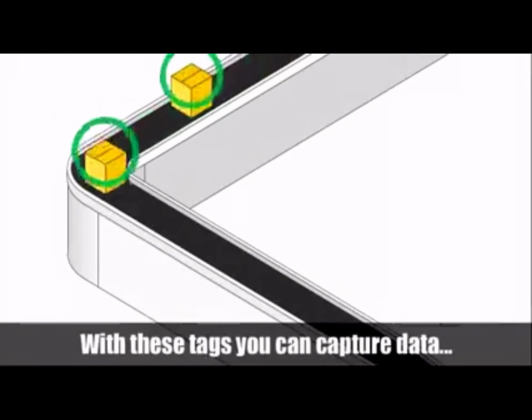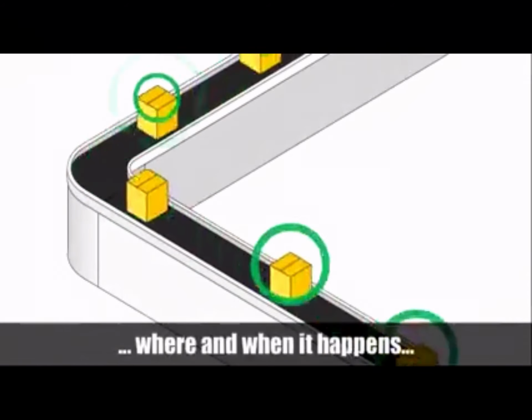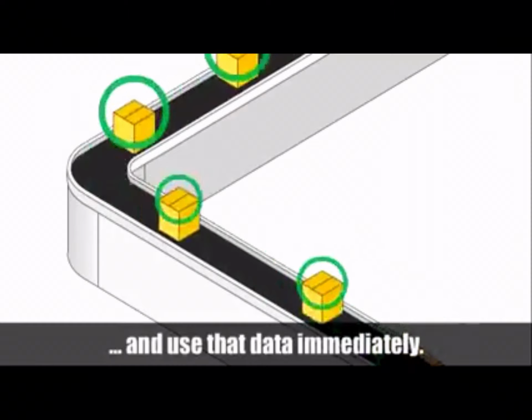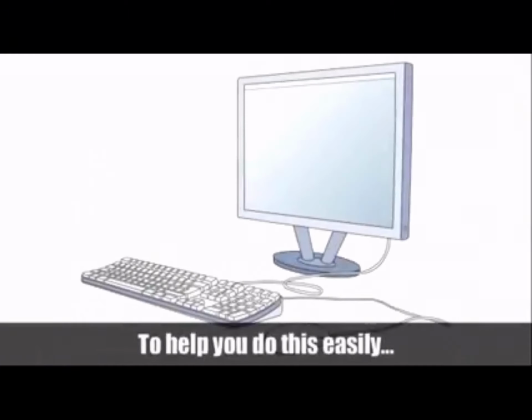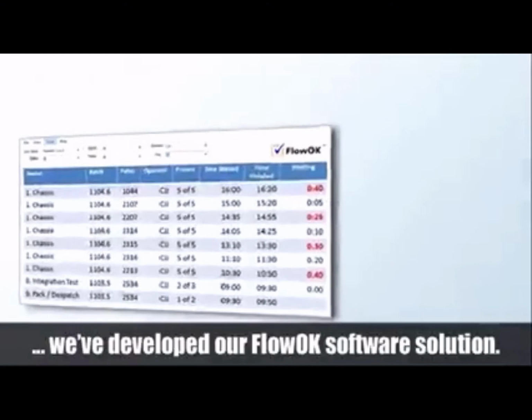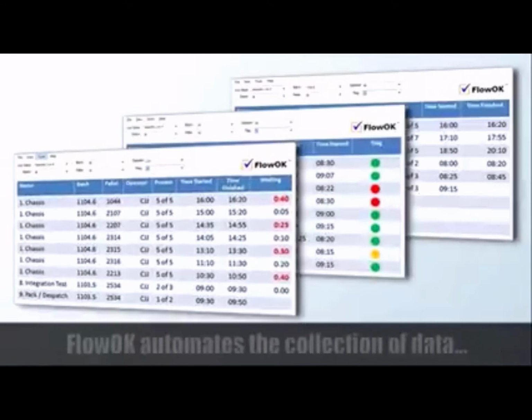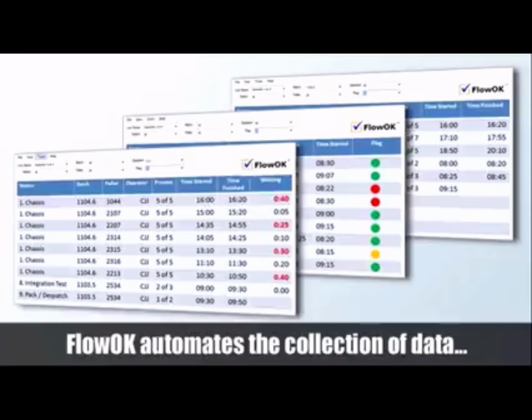With these tags, you can capture data where and when it happens, and use that data immediately. To help you do this easily, we've developed our Flow OK software solution. Flow OK automates the collection of data at every step of the process.